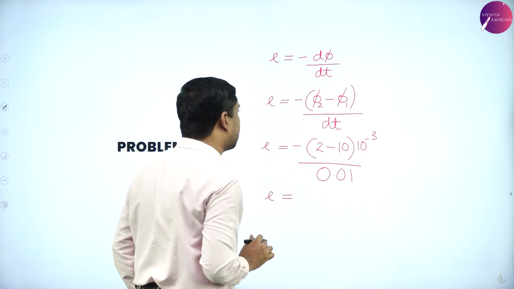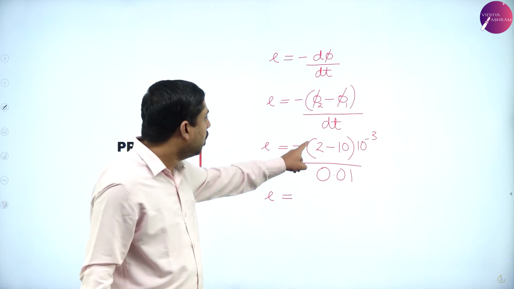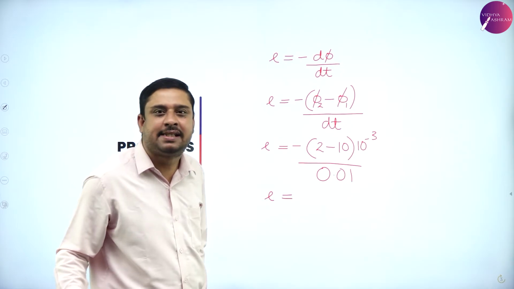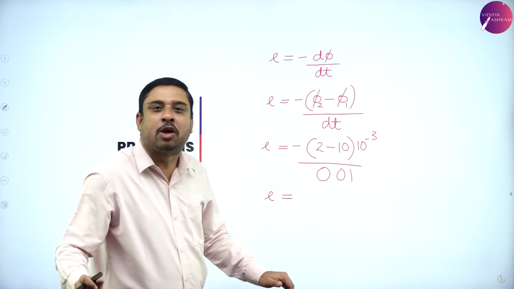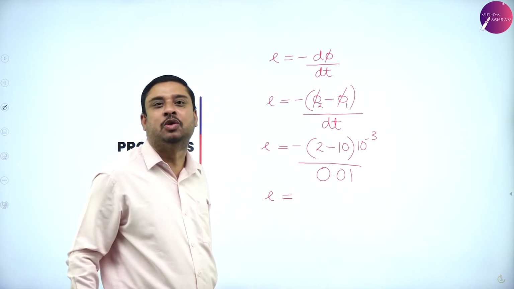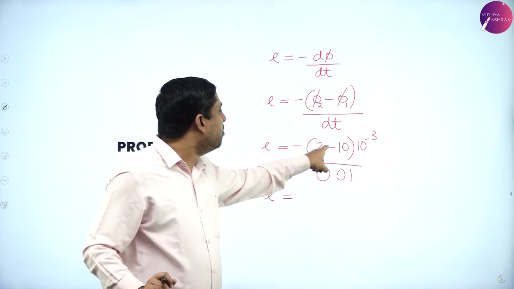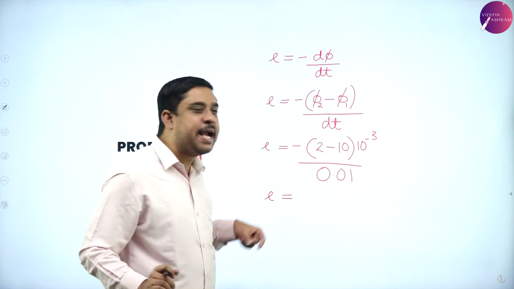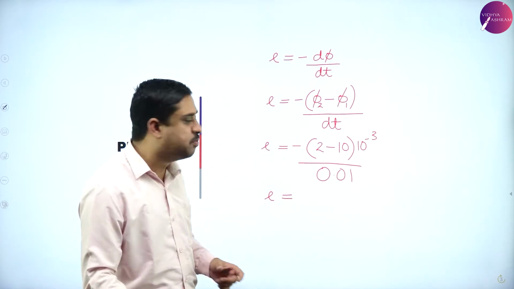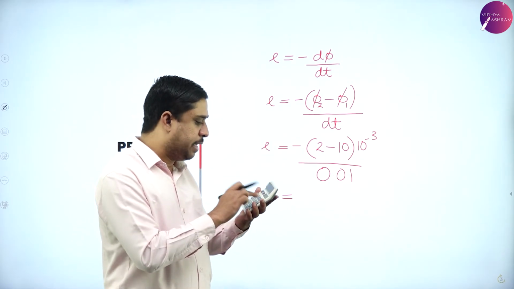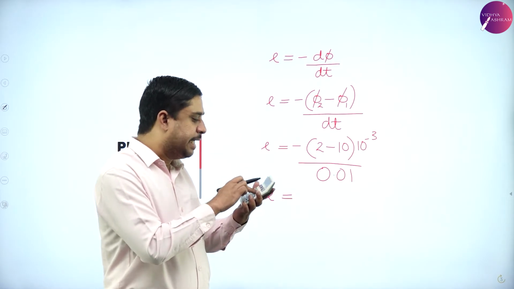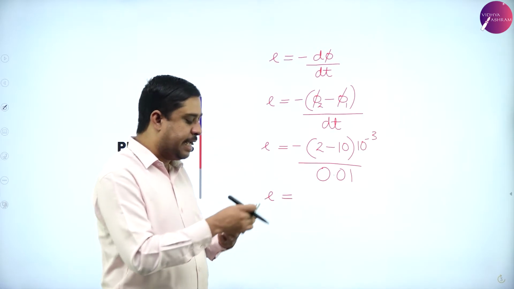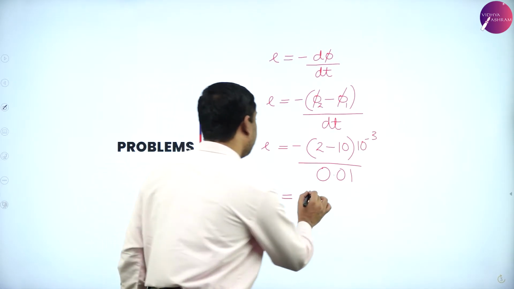So E equals 2 minus 10 is minus 8. I don't require a supercomputer to do that. 2 minus 10 is minus 8. There is a minus here, so it becomes 8. So now 8 divided by 0.01 is 800.